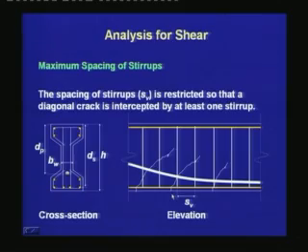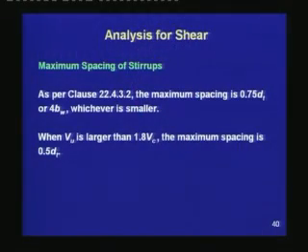The spacing is restricted because there should be at least one stirrup intercepting a diagonal crack, and the maximum spacing is given in clause 22.4.3.2. It is equal to 0.75 times dt or 4 times bw, whichever is smaller.